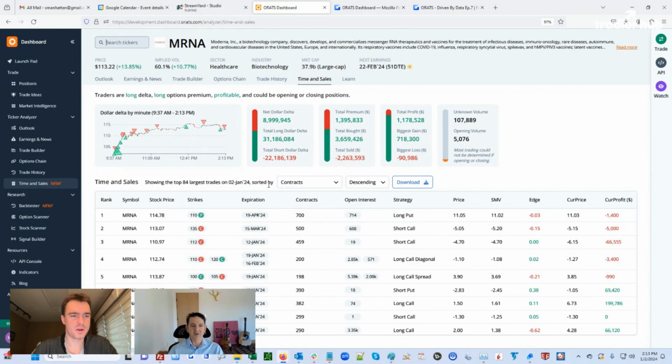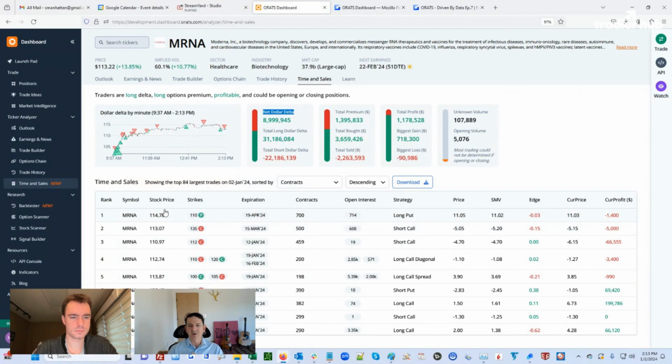Do you mind going over what the dollar delta is and kind of what it means and why we think it's so important when tracking time and sales? Yeah, so dollar delta, intra stock, isn't as important, but inter stock. So if you're comparing a $114 stock to a $10 stock, 10 contracts is going to mean a lot more in the higher stock, right?